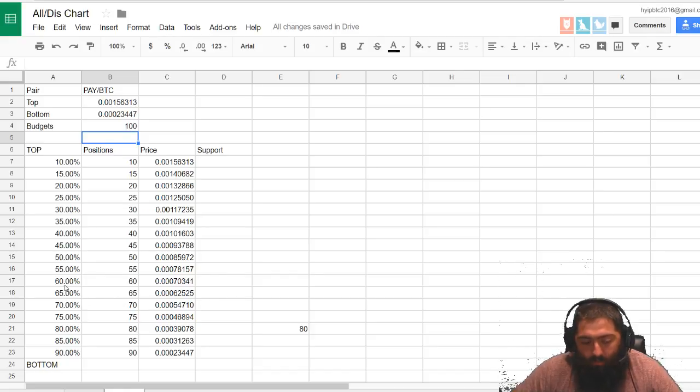I did it in 5% increments, so I will have more buys and more sells. A little bit more trading room. Yeah, or 1 a day for 10 days.